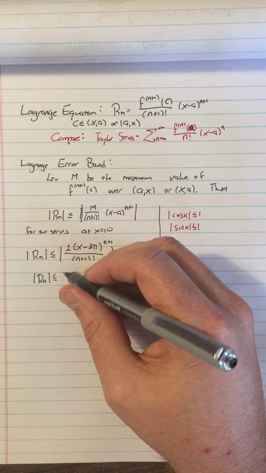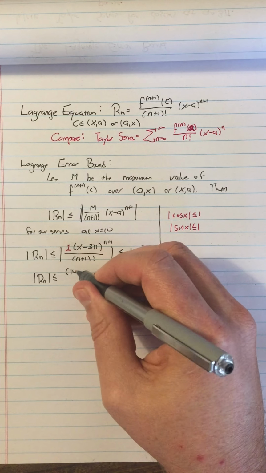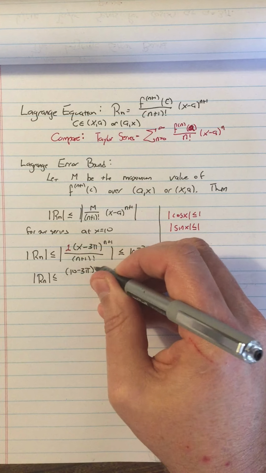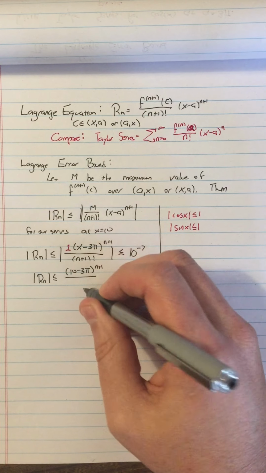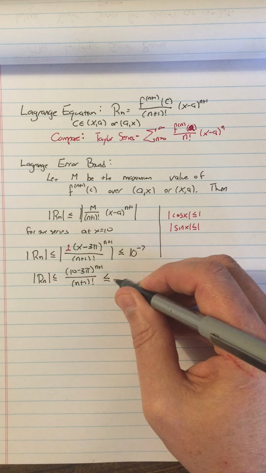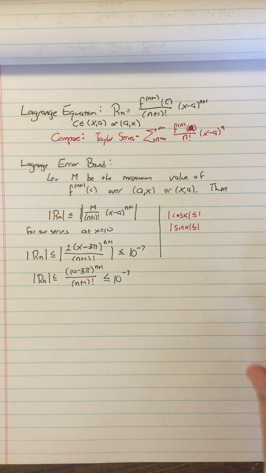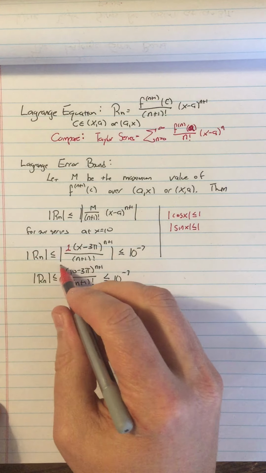I'm always looking to do that if I can. So then I just have 10 minus 3 pi to the n plus 1 over n plus 1 factorial, and I have to solve that it's less than or equal to 10 to the negative 7th power. Solving this inequality is now what it's all about.